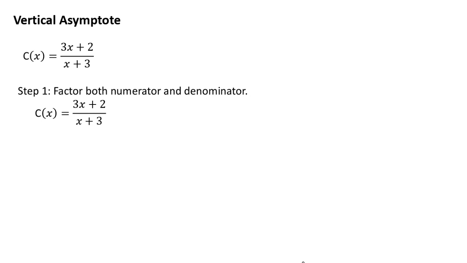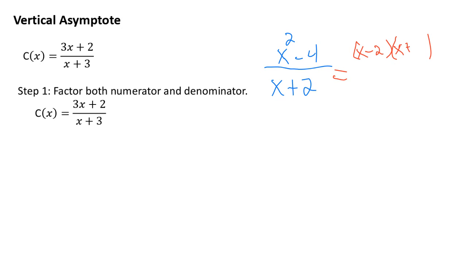Okay, so, what I mean, I think I have an example later, but just really quick here. Let's say you had x squared minus 4 divided by x plus 2. Then in this example here, x squared minus 4 can actually be factored as what? x minus 2 and x plus 2.